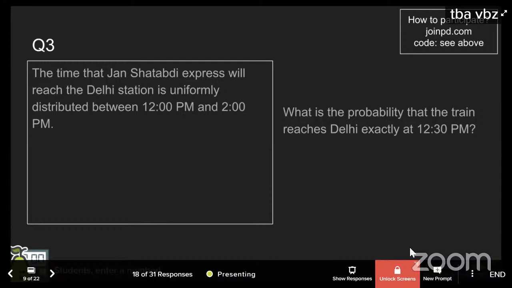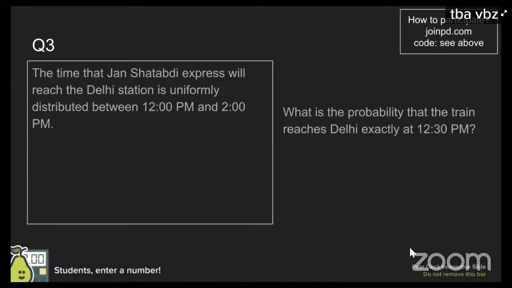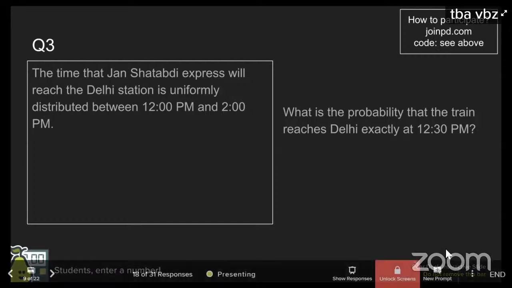Okay, even if it is written that it follows some continuous distribution and you don't know which one, you can still say that its value would be 0. From the Stats point of view, the only continuous distributions you are studying are uniform and exponential, so you would be able to identify which one it is. But for any continuous distribution, the probability at a specific point would be 0.